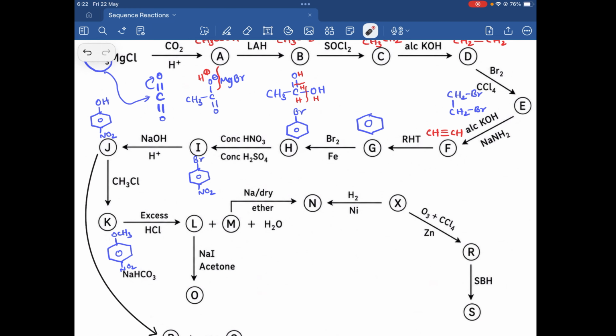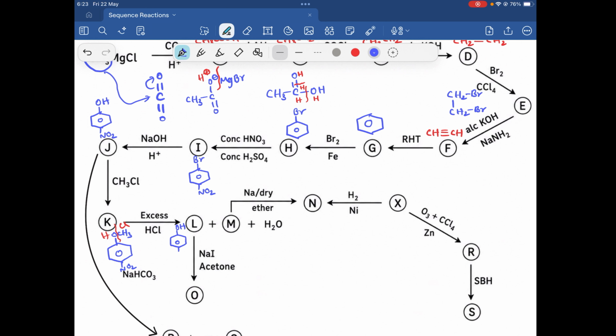Now this on reacting with excess of HCl, what happens? You can break this bond, add H here, Cl here, we'll get this product back. So we'll get a benzene ring, OH, NO2, this is one product, and CH3Cl, this is one product.